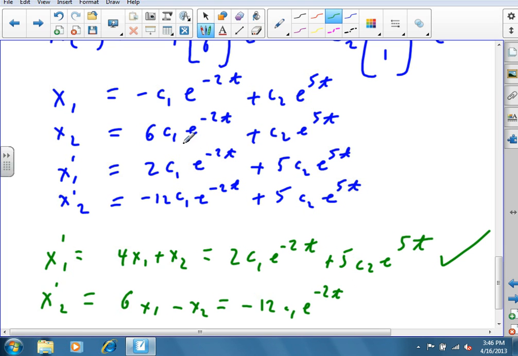And then I'm supposed to have six of these guys minus 1, which gives me plus 5, 5 c2 e to the 5t, and that's exactly what I have. Check. Okay, so problem number 4 checks appropriately.